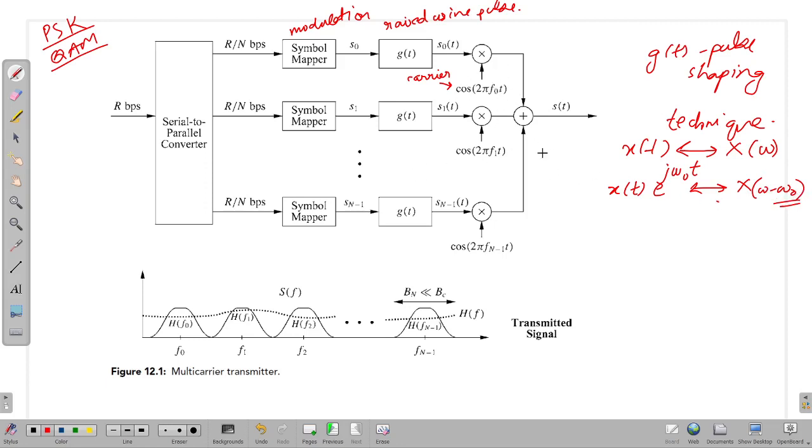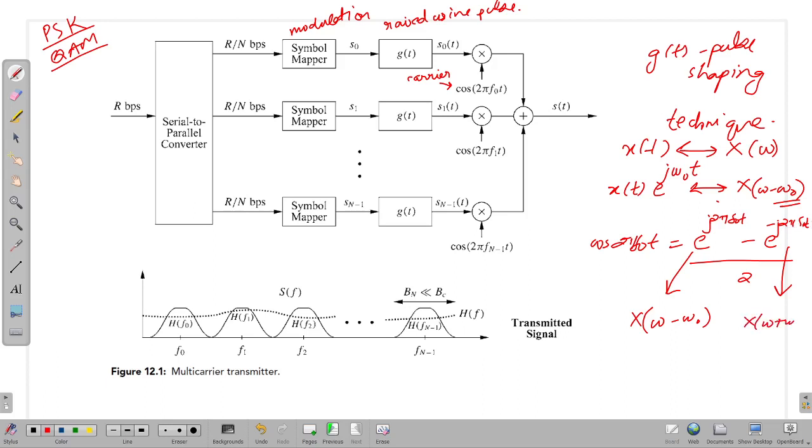And here you can see you have cos 2 pi f naught t, and cos 2 pi f naught t is equal to e raised to j 2 pi f naught t plus e raised to minus j 2 pi f naught t, divided by 2, which means the symbol s naught of t, let me just say x of t, just gets translated by two frequency values, that is x of omega minus omega naught, and when it gets multiplied with e raised to minus j omega naught t, you have x of omega plus omega naught.